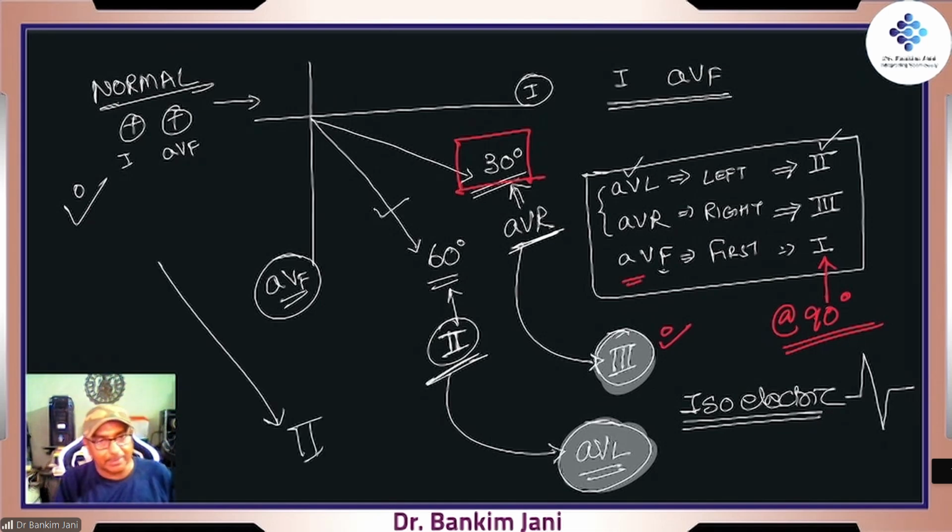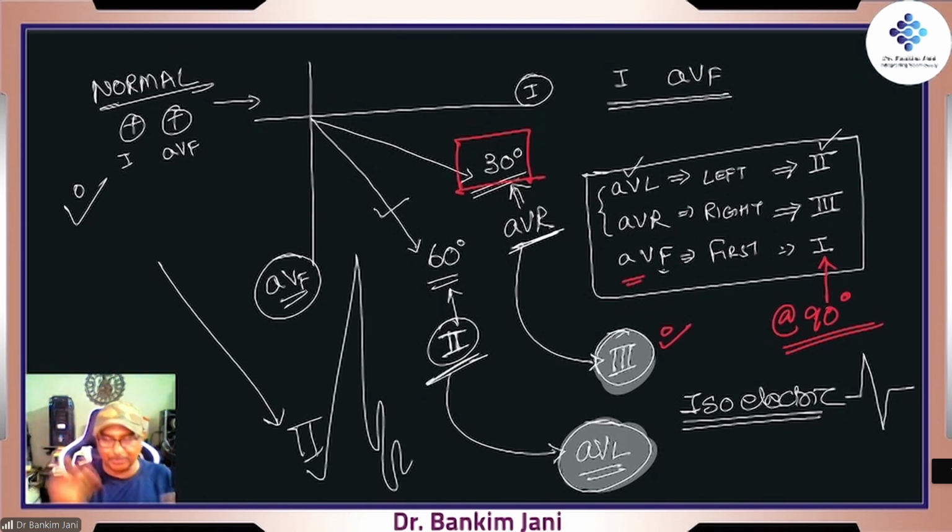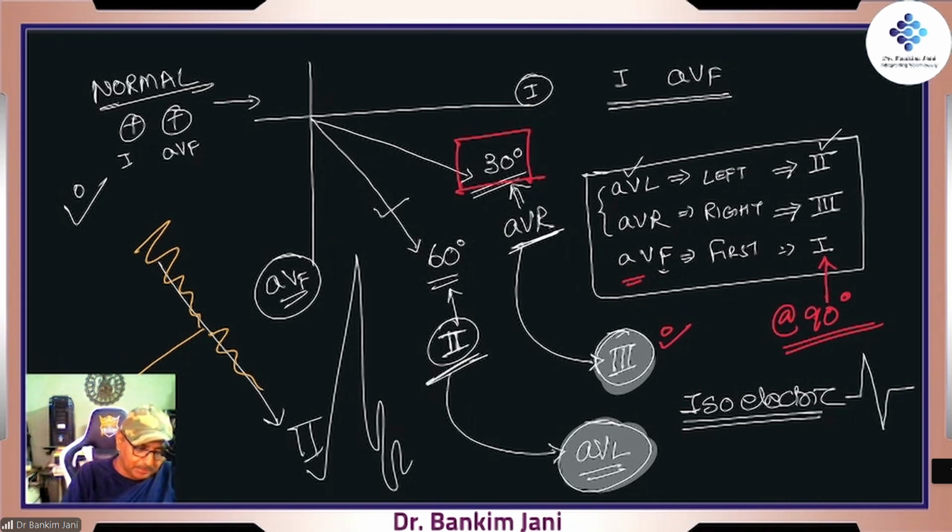Lead 2 is watching a large amount of current. Big spikes. But someone who will be watching it from the 90 degree, how will he watch? Big current came and big current went. So this is up and this is down. So upward deflection and the downward deflection will be the same.